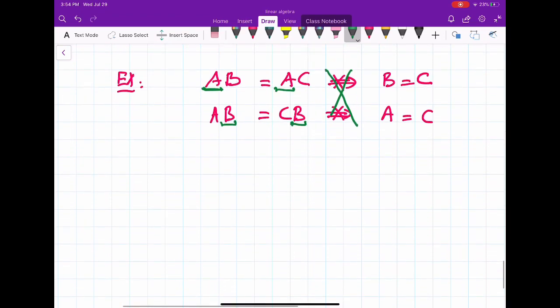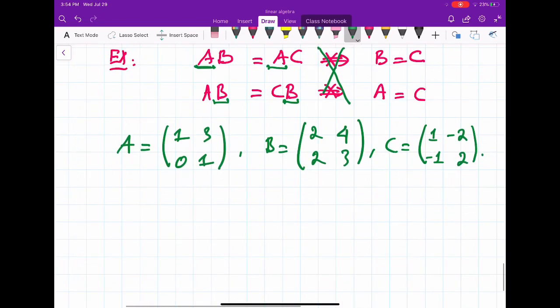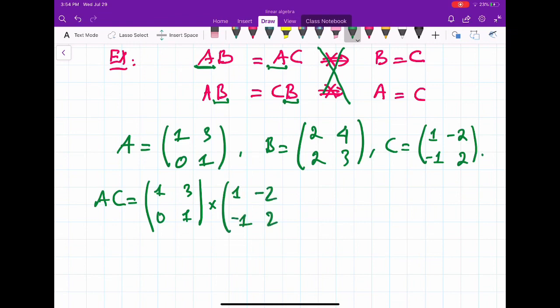But let's consider the following example. A equal to 1, 3, 0, 1, and B is 2, 4, 2, 3, and C is 1, -2, -1, and 2. Let's find AC. Okay, so what is AC? Let me write 1, 3, 0, 1 in here and multiply with 1, -2, -1, and 2.